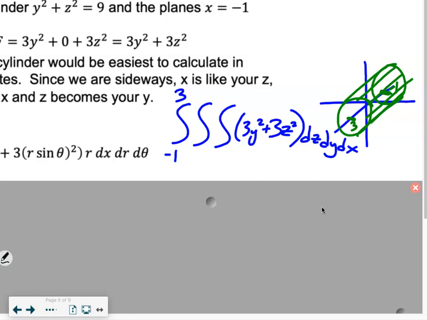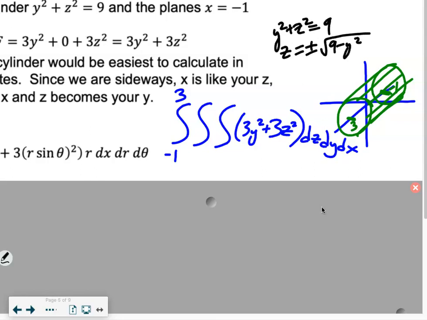Okay, so in rectangular, when you have the equation y squared plus z squared equals 9, think of it like solving for z: plus or minus the square root of 9 minus y squared.